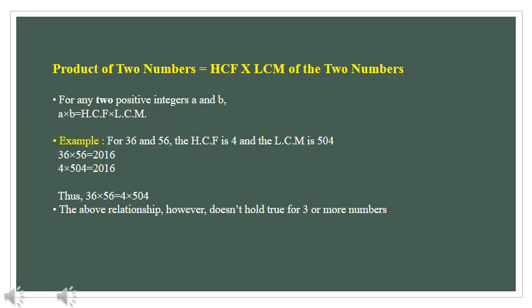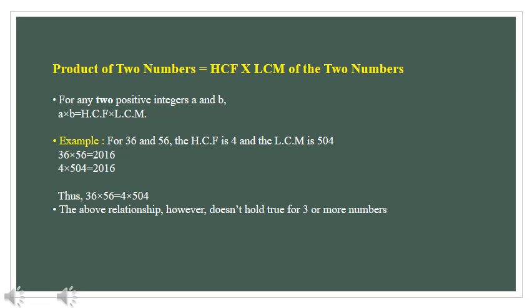Let's see the first example of the relationship of the product of two numbers, which is equal to the product of their HCF and LCM. The example is for 36 and 56, where the HCF is 4 and the LCM is 504. When we multiply 36 and 56, we get the product 2016.